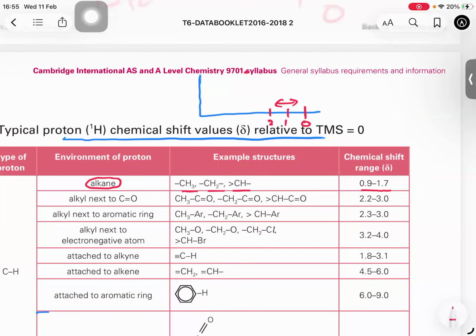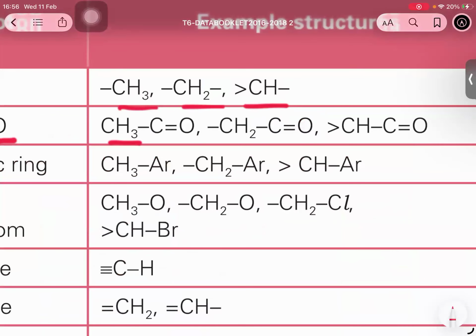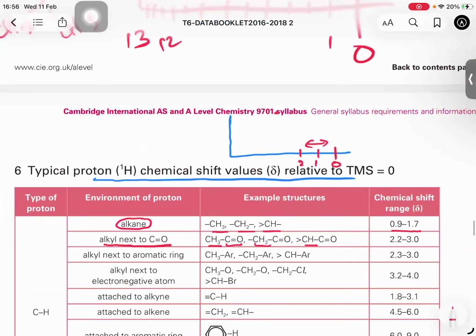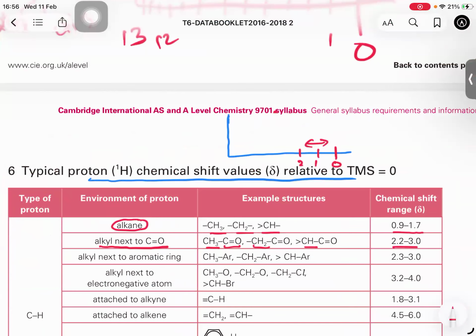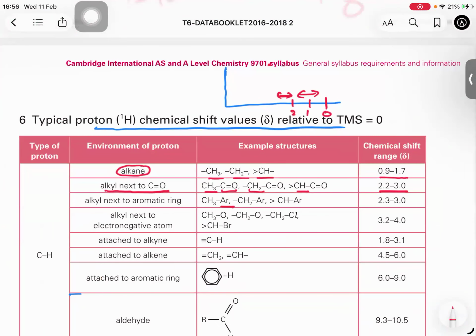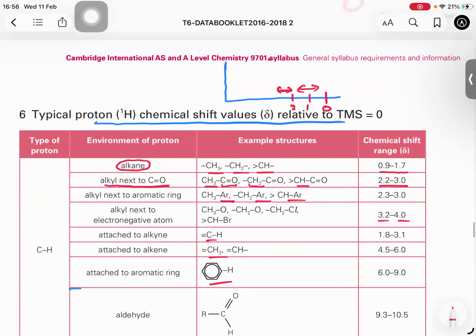If you have an alkyl next to C=O, that is CH3 or CH2 or CH attached to C double bond O, where will the peak come? Between 2.2 and 3, somewhere here. Similarly, next to O or aromatic, it will be 3.2 to 4. Similarly triple bond, double bond, benzene.